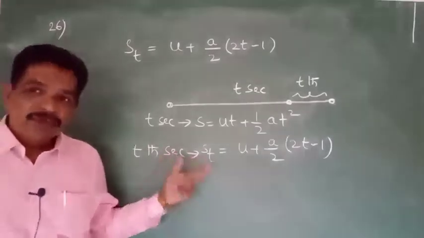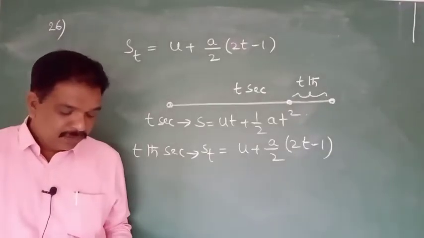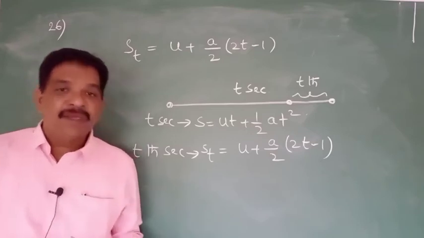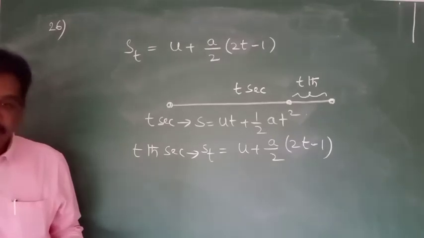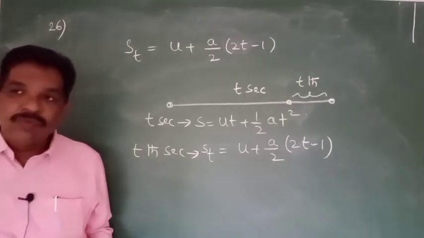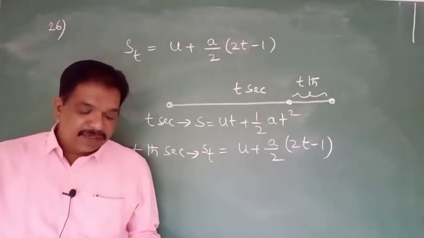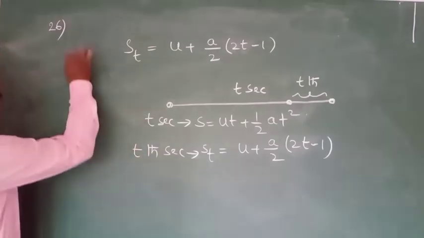Formulas are numerically correct and dimensionally correct. So St is equal to u plus a by 2 into 2t minus 1. This is numerically correct and dimensionally correct, so the third option will be the answer for this.